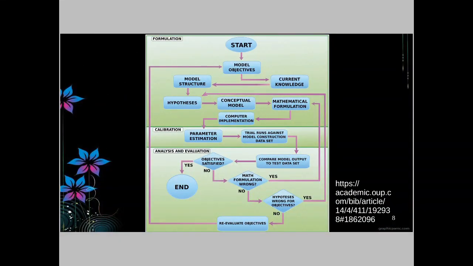So here are some more detailed steps in modeling. At the end of this course, if I remember correctly, I'm asking you to create a simple model of a certain biological phenomenon. So it will do you well to remember this in doing your paper. At the start, you observe a biological phenomenon, and then you first formulate what your objective is, what you want to do with your model.